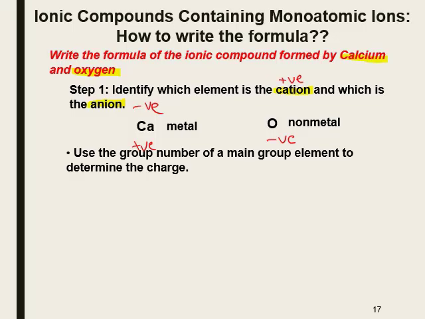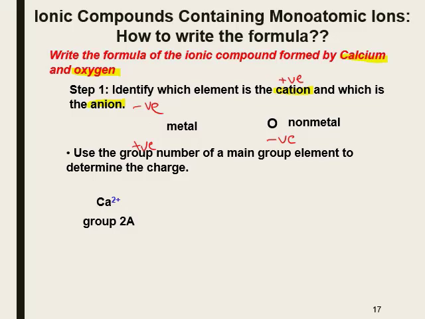Once you identify your cation and anion, the next step is to look at the group number to which your metal and non-metal belong. In our example, the metal is calcium and calcium belongs to group 2A.